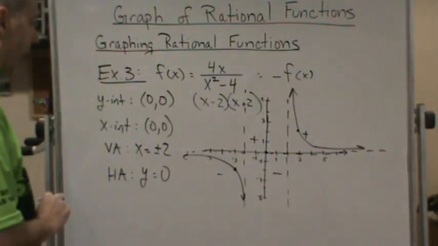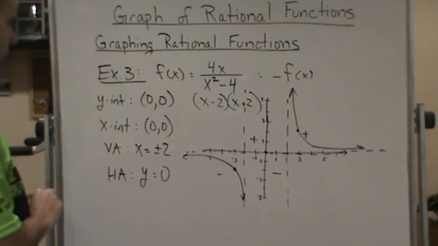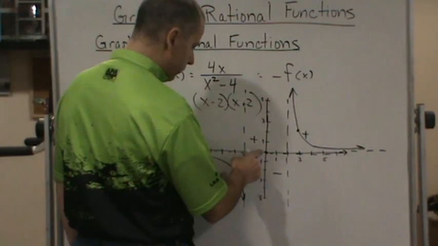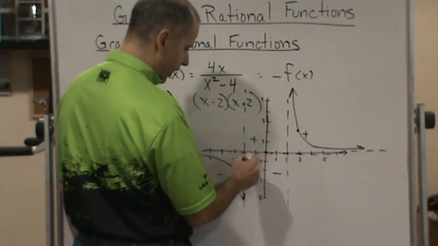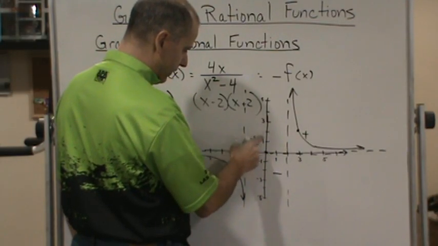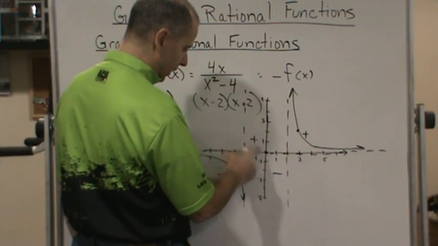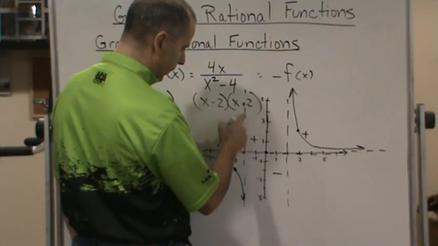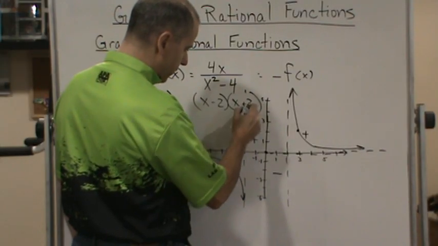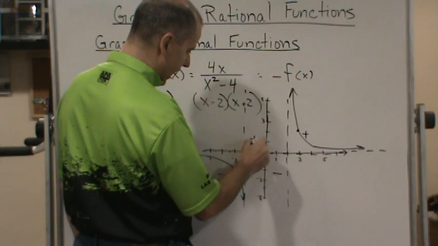Now, we know that it crosses here at the x and y intercept. And we know that it's above the x-axis here, and it's below the x-axis here. And here we know it's not going to cross. So it stays positive.